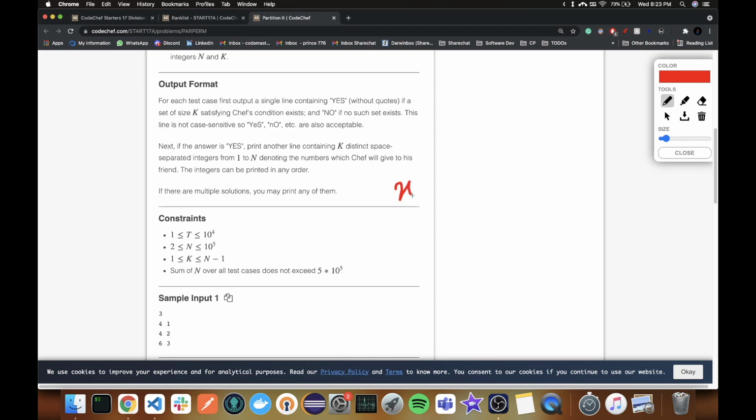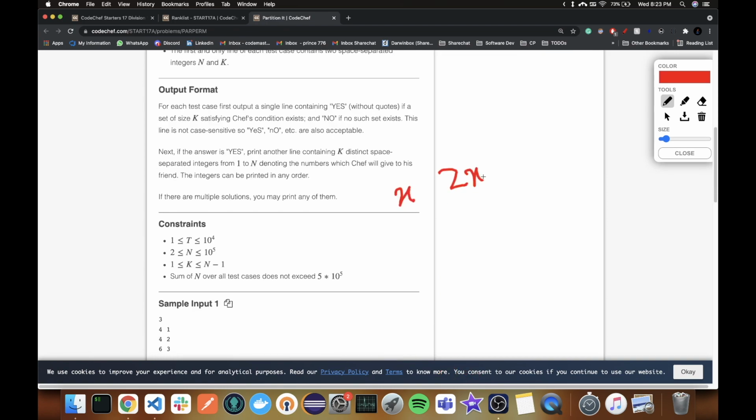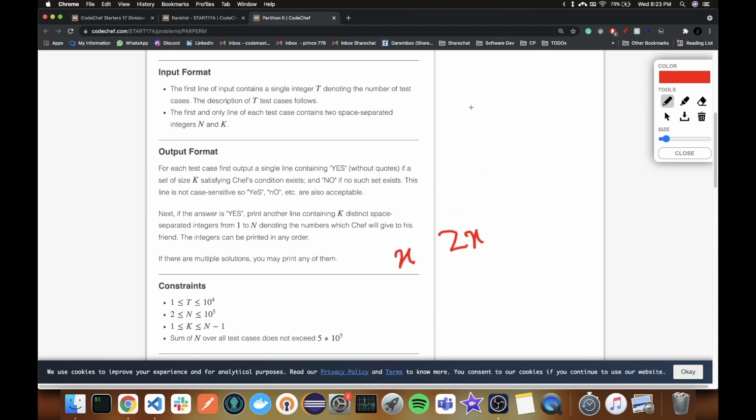If I choose x, I have to choose 2x, and after choosing 2x, I have to choose 2, right? Because 2 comes now.